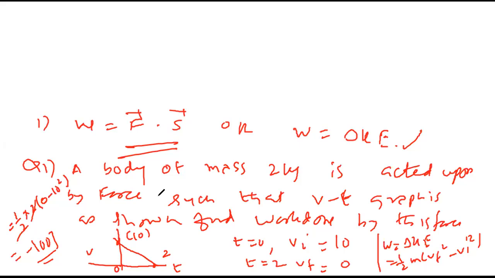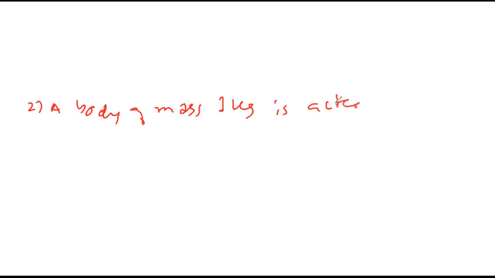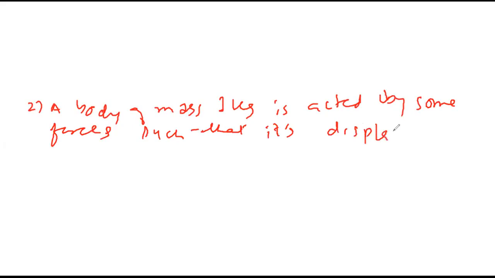Next one. A body of mass 1 kg is acted upon by some forces such that its displacement is given by S equals 2t square minus 2t plus 10.